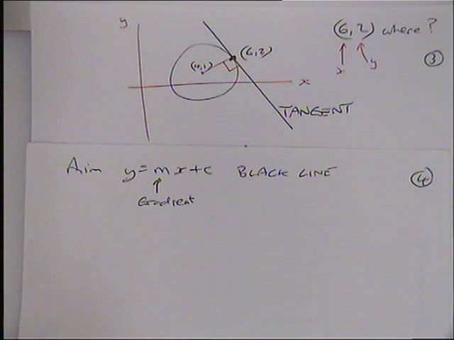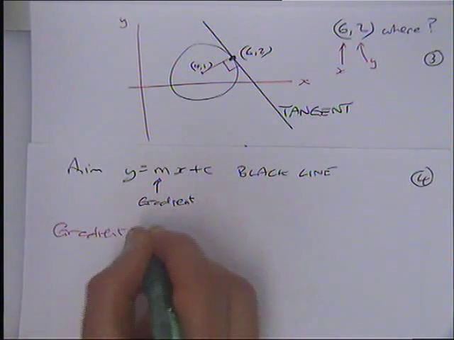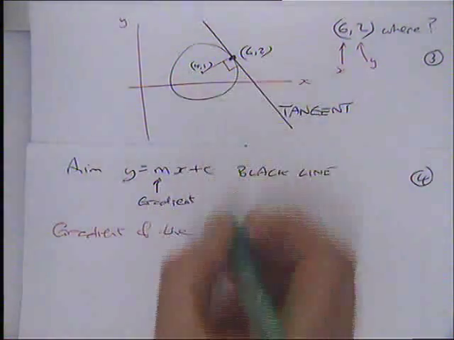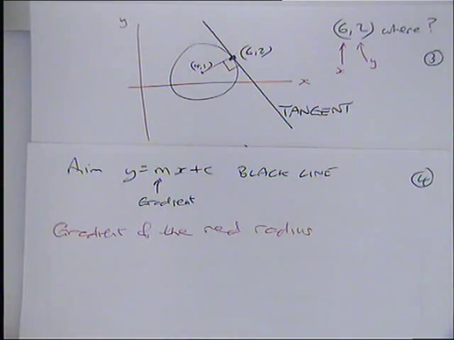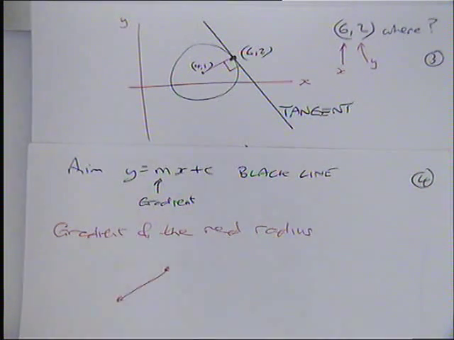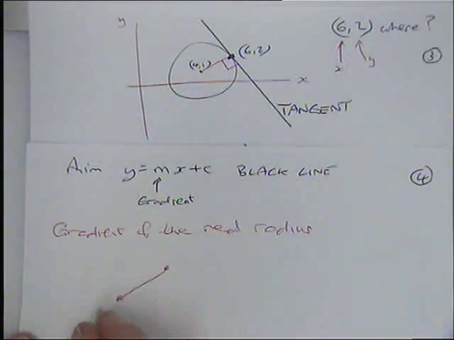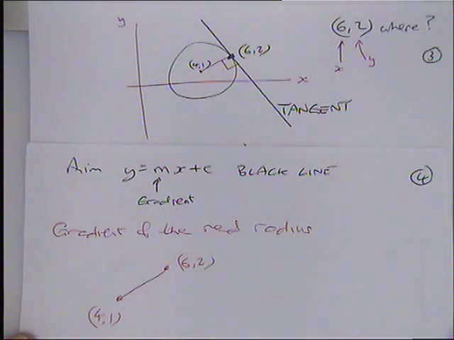So what I'm going to do first is work out the gradient of, I'll call it the red because it's in red, of the red radius, because I know the coordinates of its two endpoints. The radius goes from 4, 1 to 6, 2.